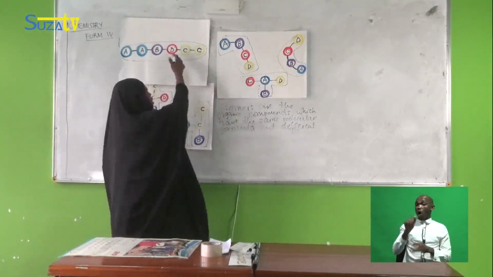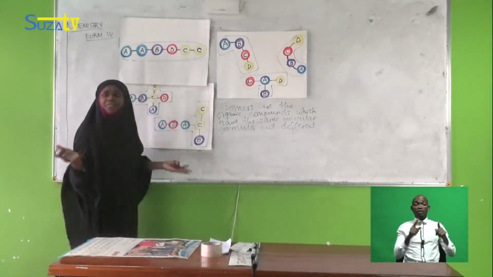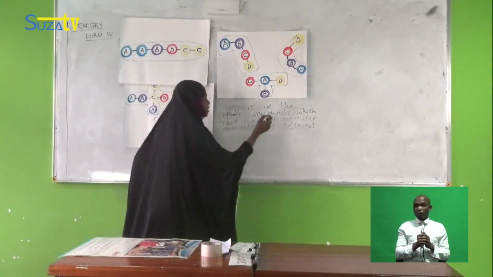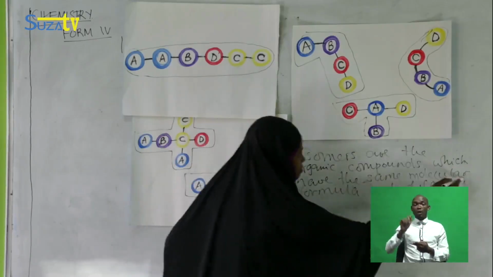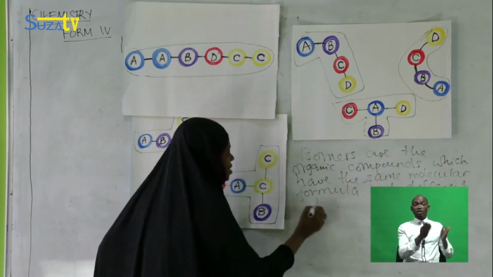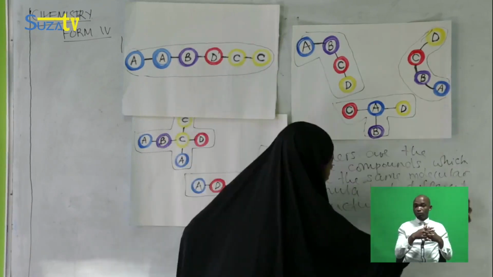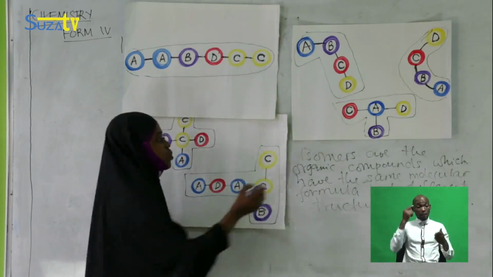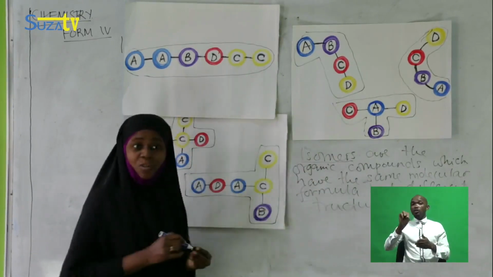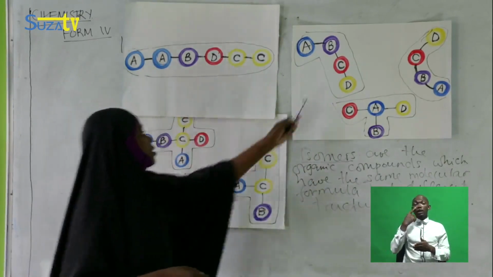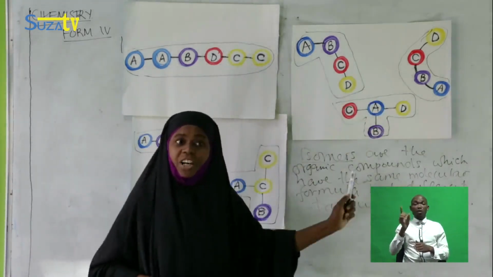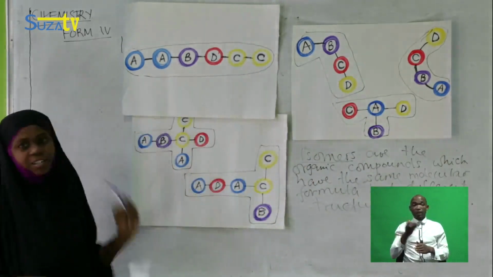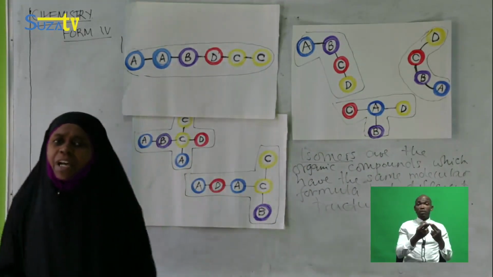Yes, because all of these are the same, but they differ in structures. Therefore, they have the same molecular formula, but different structural formula. So this is what is meant by isomers. From these, you may see that all of these are the isomers of each other, and these also are the isomers of each other. The reason behind is what?